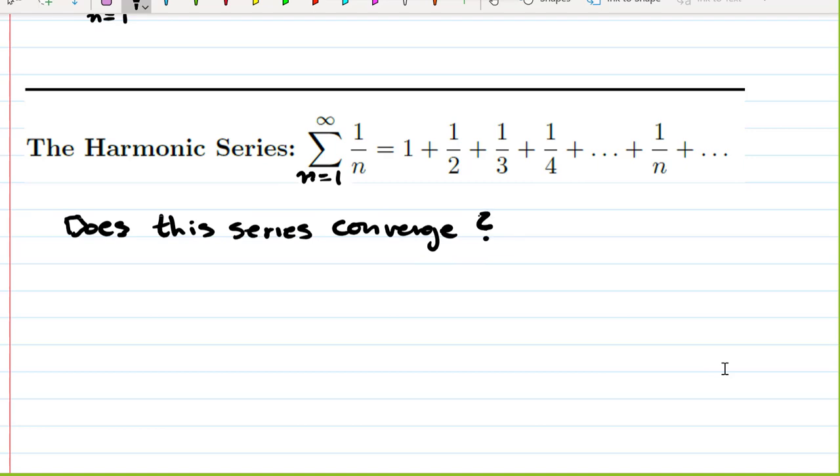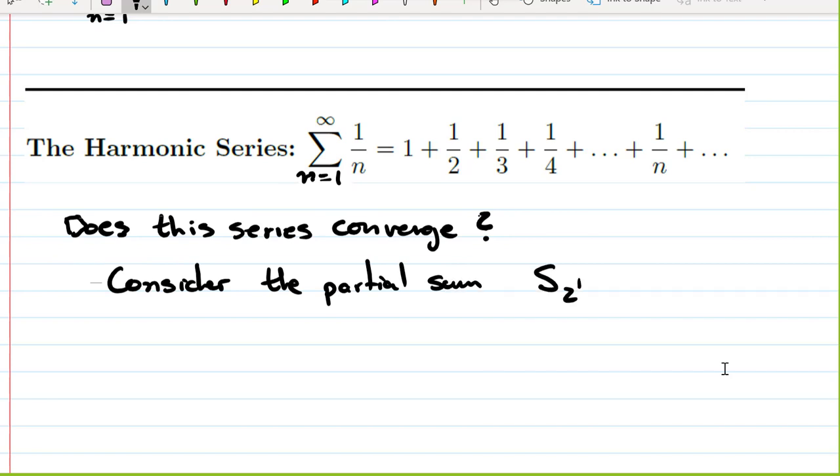Well, to answer that question, we're going to analyze some partial sums. So let's consider the partial sum s sub 2 to the k.